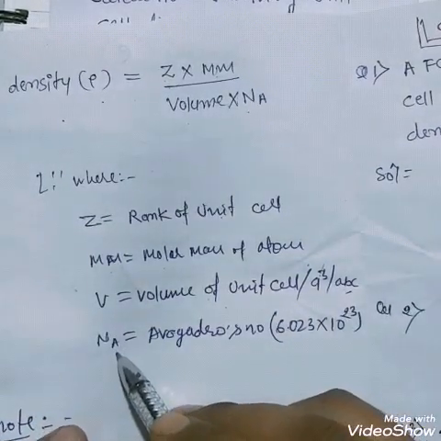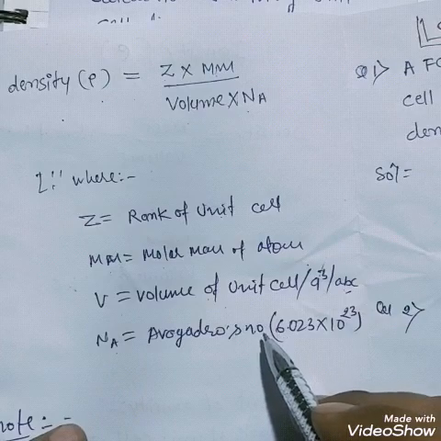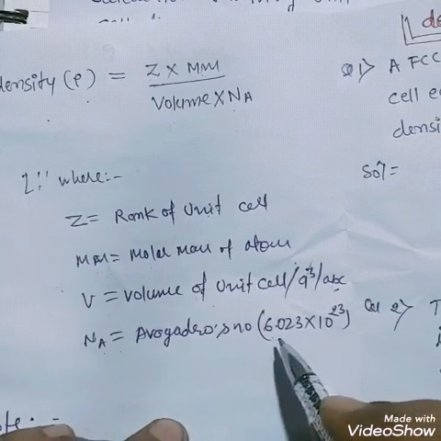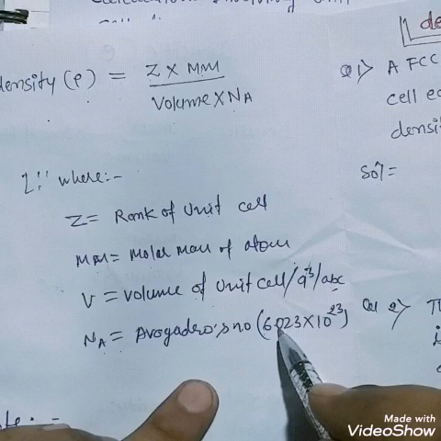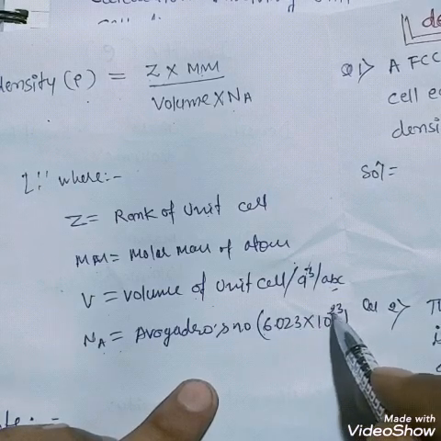And finally, Avogadro number, represented as Na, has a value of 6.023 into 10 to the power 23.